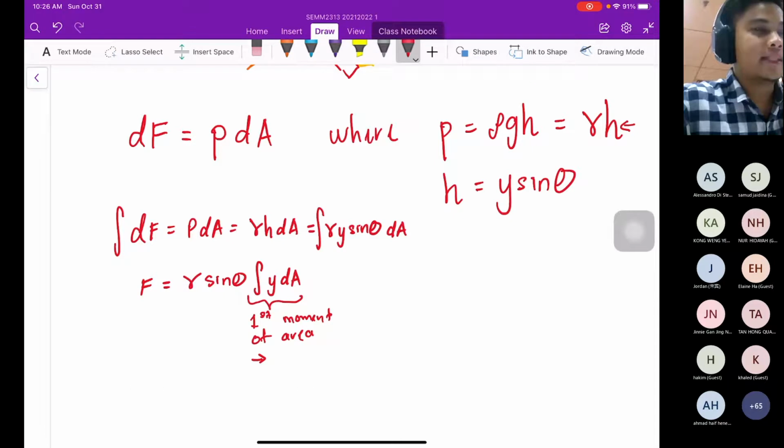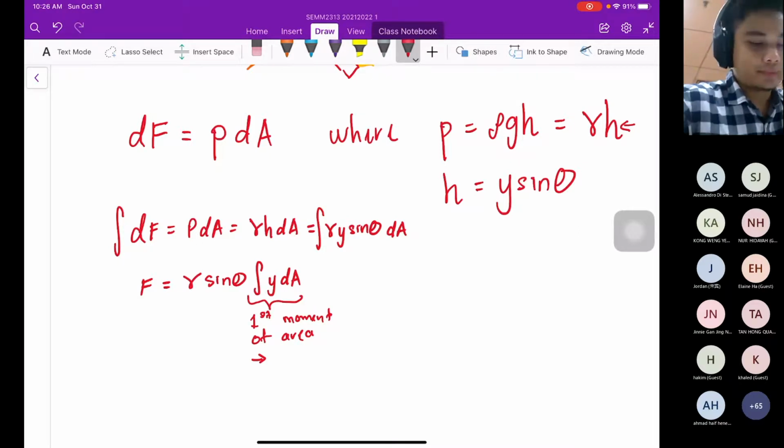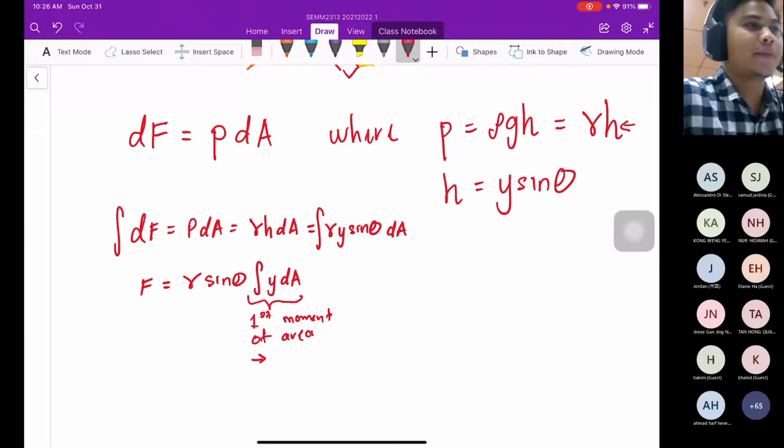I believe you learned this during statics, right? What the purpose of first moment of area? Anyone know? What's the purpose of first moment of area?